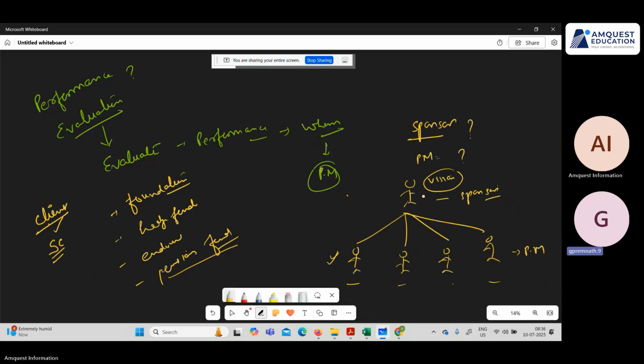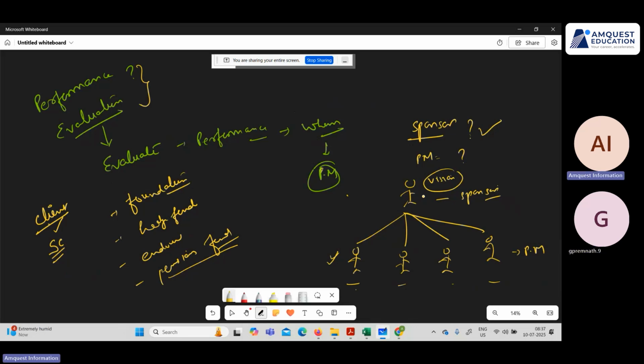My idea is to evaluate whether my sponsor has given me better return or my individual portfolio managers have, and if better or worse, then how much. That is my idea of portfolio performance management.